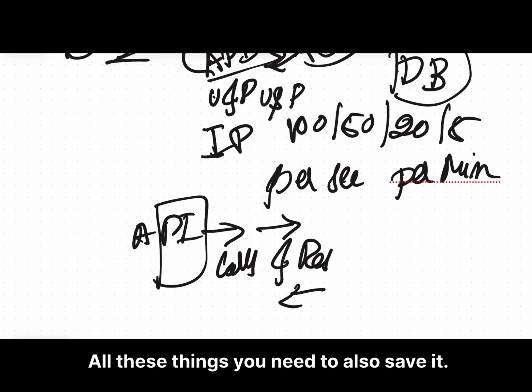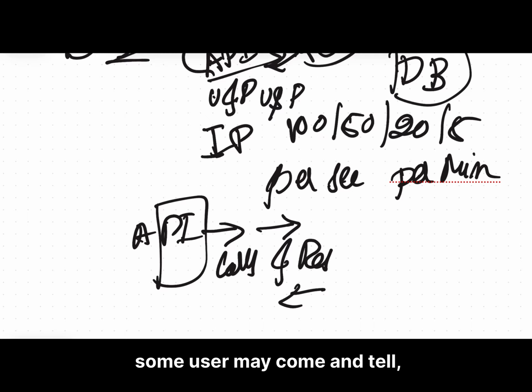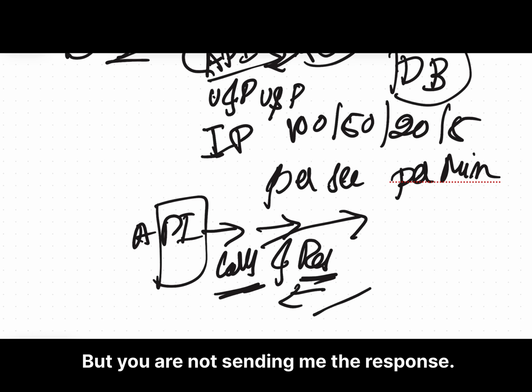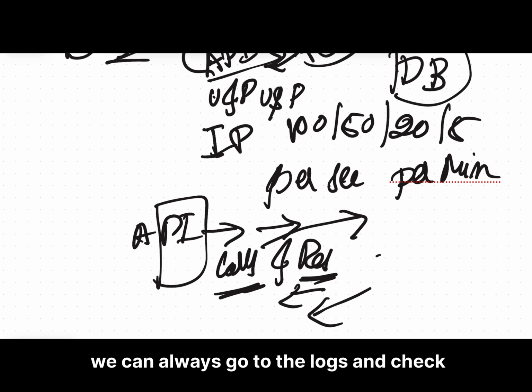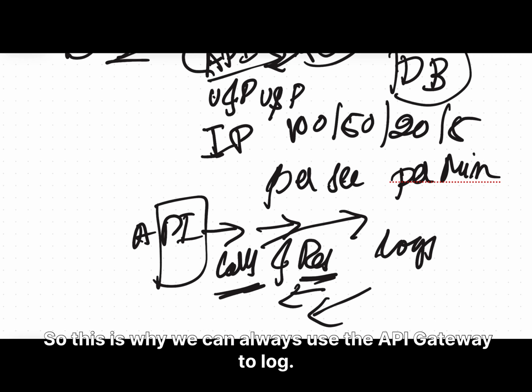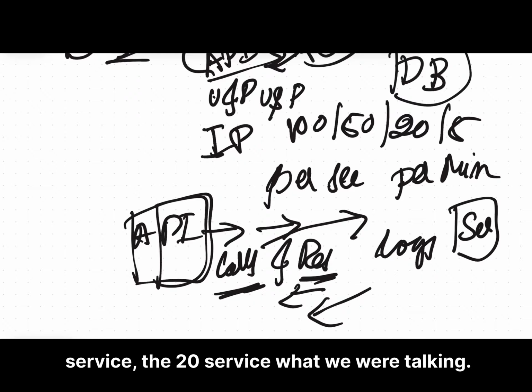You need to save all these things, because some user may come and say, I had sent the correct request but the response is coming wrong, or I'm sending the correct request but you are not sending me the response. At that time, we can always go to the logs and check what went wrong or what went right. So this is why we can always use the API gateway to log, rather than logging everything in the 20 services we were talking about.